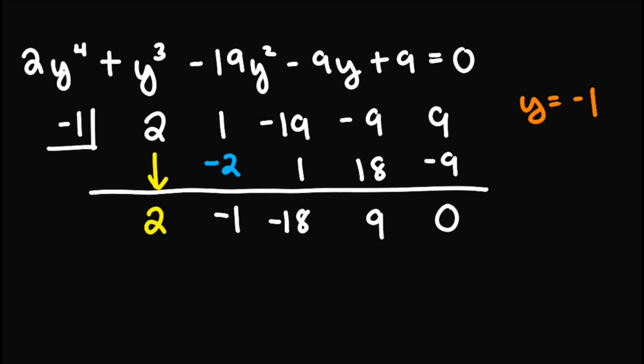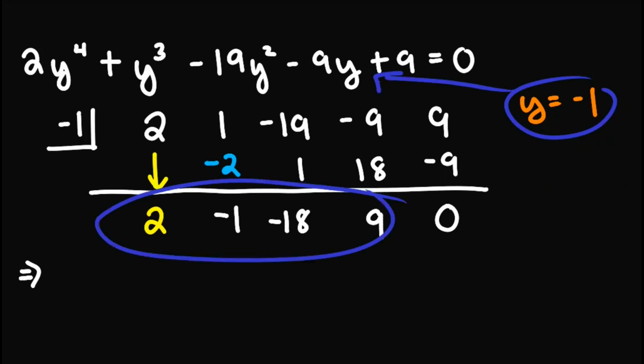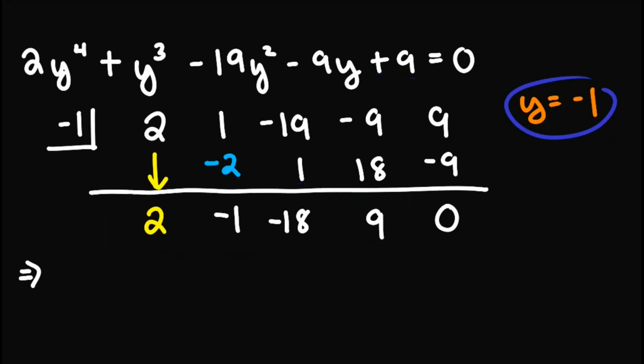What does this mean? This means that y minus 1 divides this, and the quotient is this. Note that this quotient out here, to get its exact value, we simply add the variables.